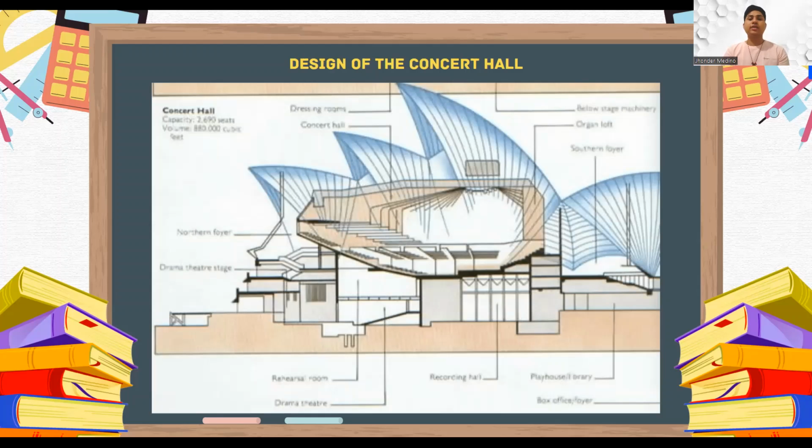And of course, during that year as well, in 1973, the final cost of the Opera House was estimated at 3.5 million Australian dollars, but this increased to $120 million or equivalent to 4.5 billion Philippine pesos. And just to give you a glimpse or a background then, in 2007, it was named a World Heritage Site by UNESCO.